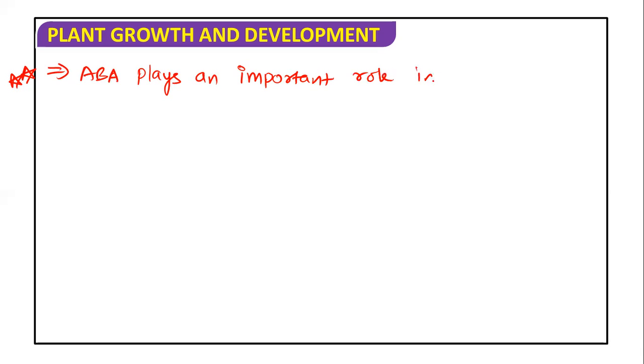Apart from this, there is an important statement of NCERT, which they usually ask, that ABA or abscisic acid plays an important role in number one, seed development, and number two, seed maturation.